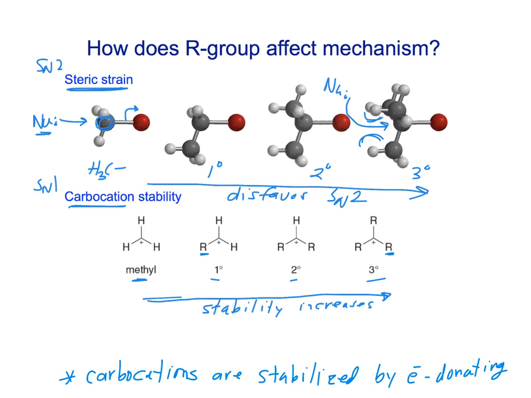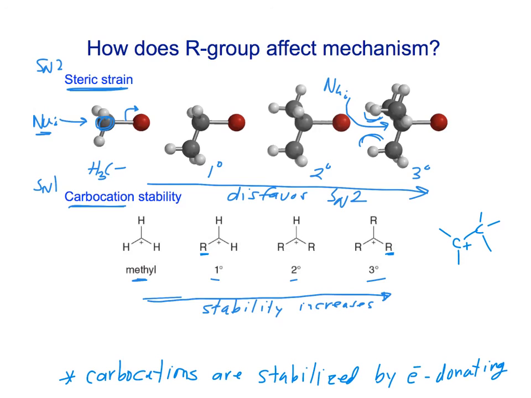Okay, so what does that tell us then about these R groups? If we add one R group, it gets more stable. If we add two, more stable. If we add three of them, it's even more stable. So what this tells us is that the alkyl groups can act as electron donating groups. So if we imagine, here's the carbocation, here's a carbon with different bonds.